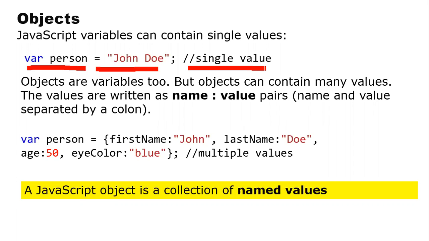We have seen arrays, where we said that arrays can be used for storing multiple values. If I want more than one value to be stored, I define an array, like we have seen: a square bracket opened, and then in double quotes or whatever it is, you put multiple values. That is called an array.